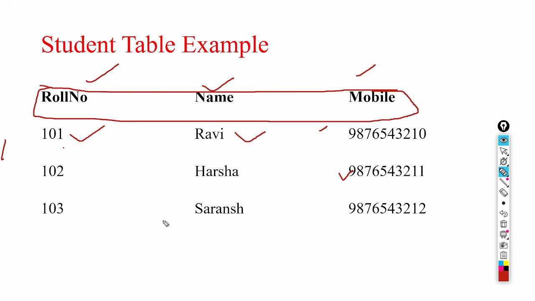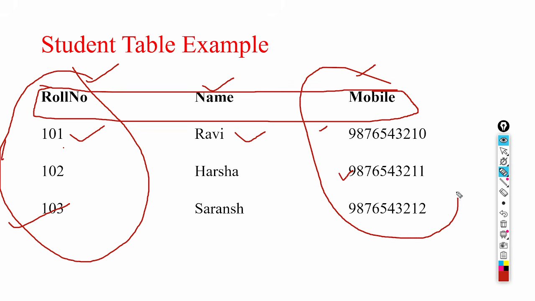And 103 Saranj, their roll number and mobile number are different. These attributes, the roll number and mobile number, can help us uniquely identify a student.